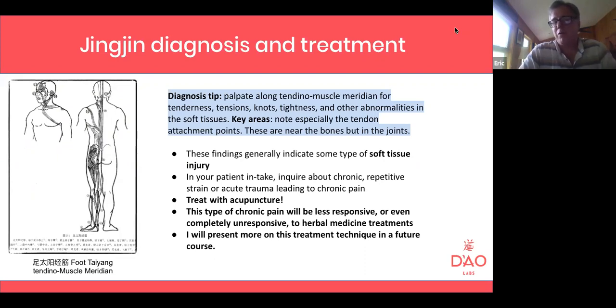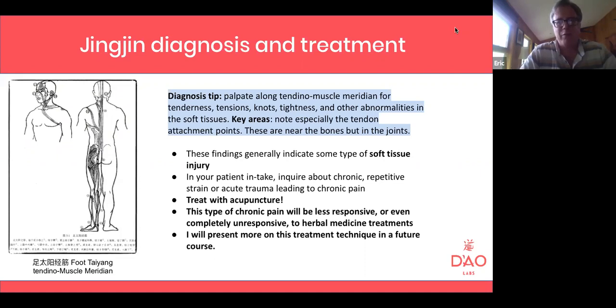One really important thing to think about, however, is noticing where the muscles and tendons attach to the bones. Some of you may be familiar with looking at attachment points from things like trigger point therapy. These are going to be key areas of injury for Dr. Xie.